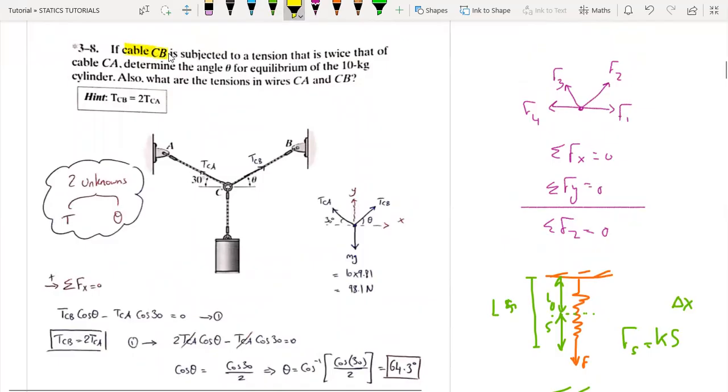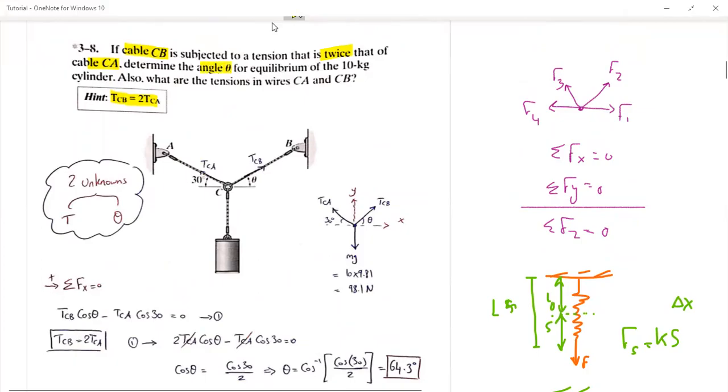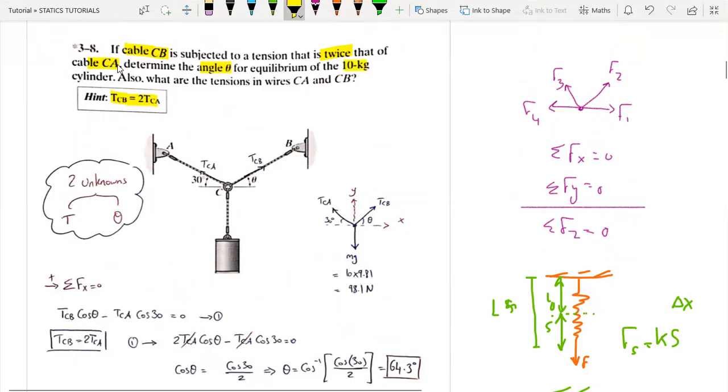If cable CB is subjected to a tension that's twice that of CA, so TCB is equal to 2 TCA, determine the angle theta for equilibrium of the 10 kilogram cylinder. Also, what are the tensions in wires CA and CB?